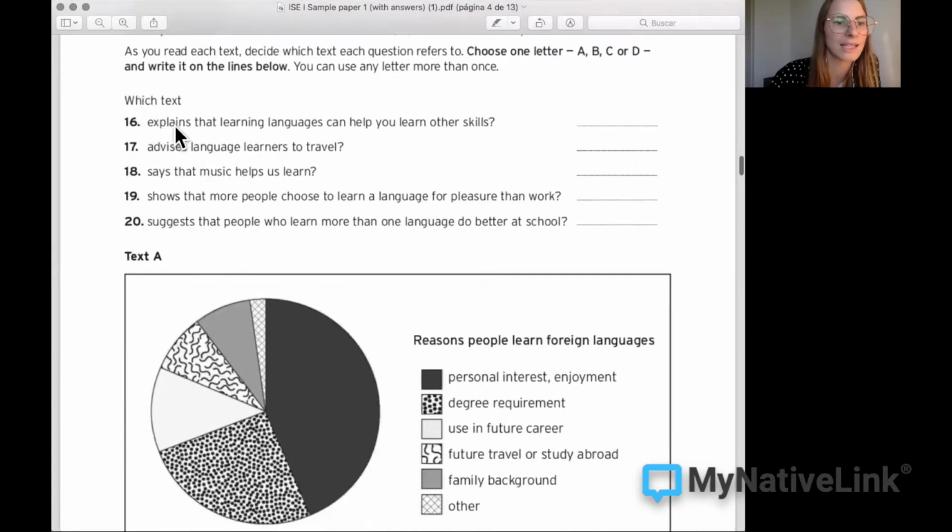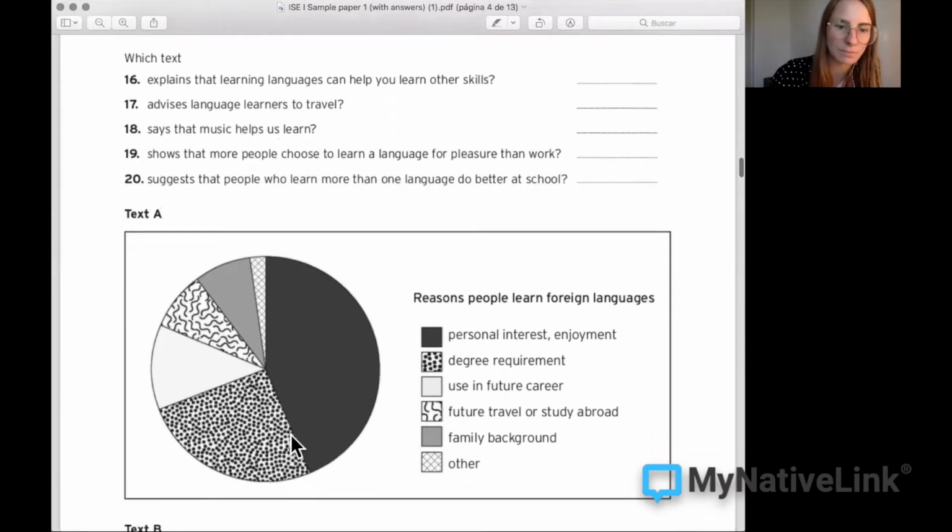So which text explains that learning languages can help you learn other skills, shows that more people choose to learn a language for pleasure than work. Okay, so for example, text A shows that more people choose to learn a language for pleasure than work, because we can see that information in the pie chart.